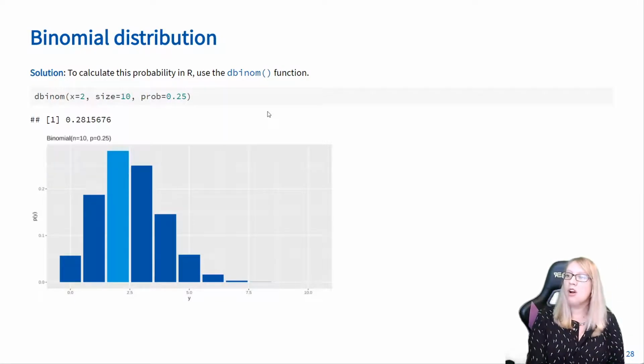Here we input our desired observed value. Here that's 2, so that is the x argument. The size argument is n, how many trials we have, so in this case 10. The prob argument is the probability of success, in this case 0.25. When we run this in R, we get back the value that we calculated by hand.